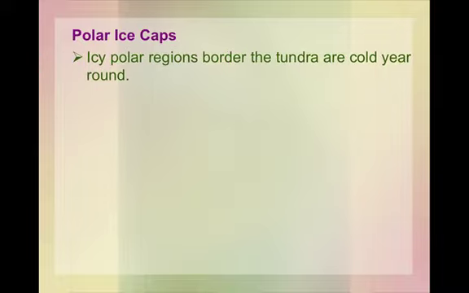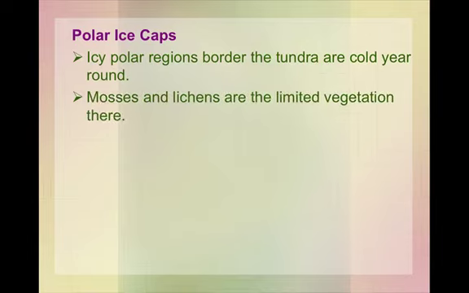The other variation is going to be at the polar ice caps. Icy polar regions border the tundra and are cold all year long. The vegetation is very limited there because of the type of temperature. Mosses and lichens, and once again, we talked about lichens being a pioneer species.